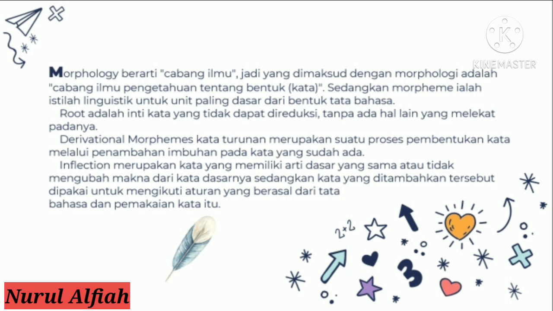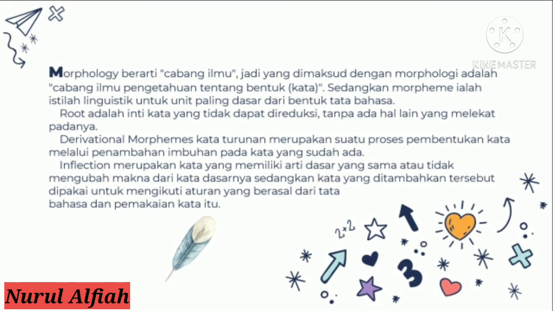Conclusion. Morphology is the study of the internal structure of words and the rules that make up words, while morpheme is a linguistic term for the most basic unit of grammatical form. Root is the irreducible essence of the word, without anything else attached to it. Meanwhile, affixes are bound morphemes, meaning they cannot stand alone.